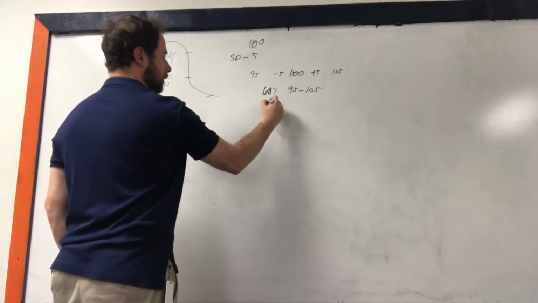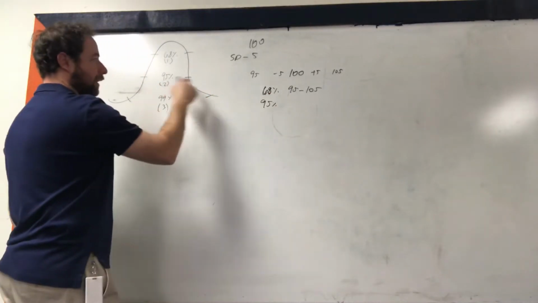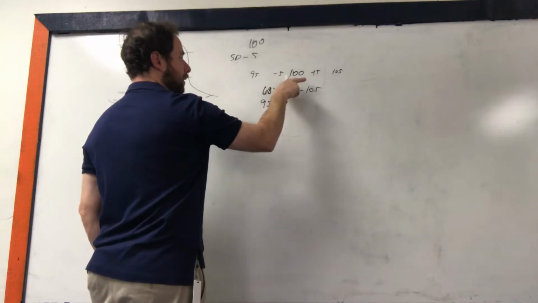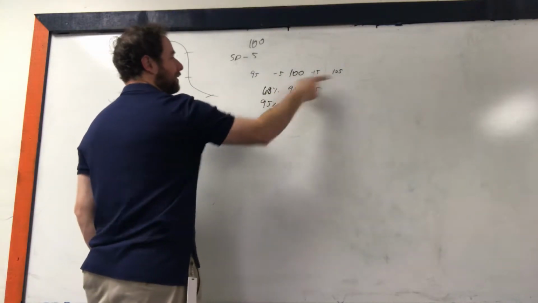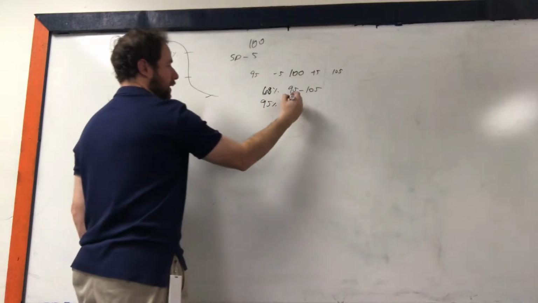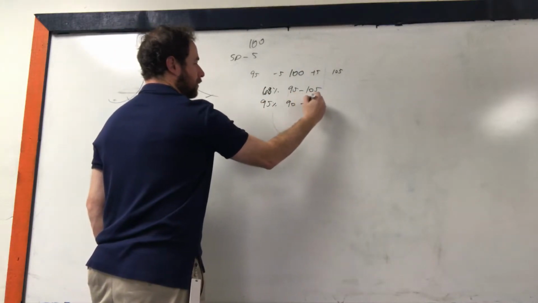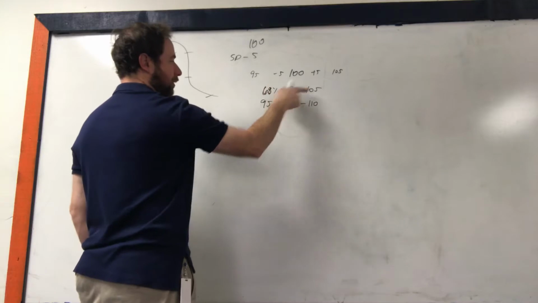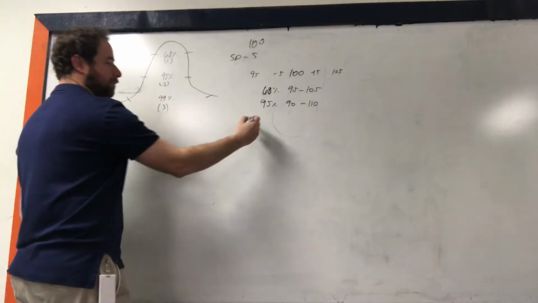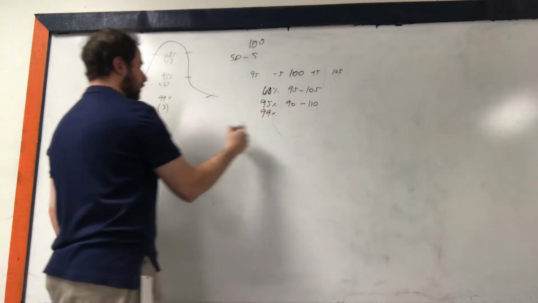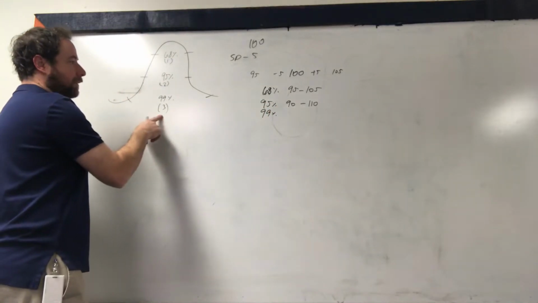95% is going to be 2 away. So instead of 5 this way and 5 that way, 2 away would be 10. So it'd be 10 this way and 10 this way, so it'd be 90 to 110, or 5 more this way and 5 more this way. Then the last one, 99%, is 3 standard deviations away.